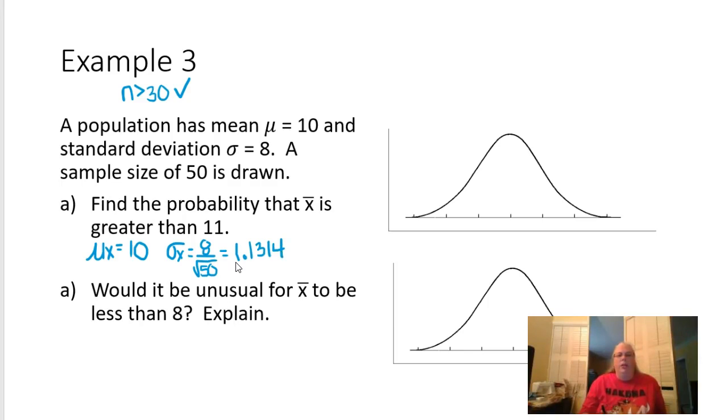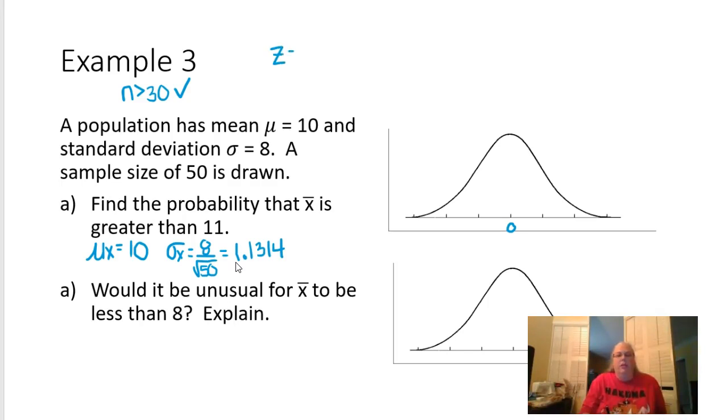Now, so that I can put it over here on the normal curve, I'm going to need to convert these into z-scores. Now remember, our mean is going to have a z-score of 0. And we're going to need to make a z-score for 11.